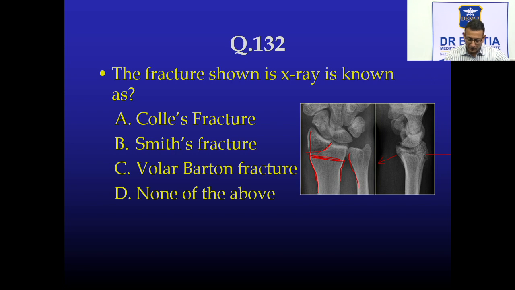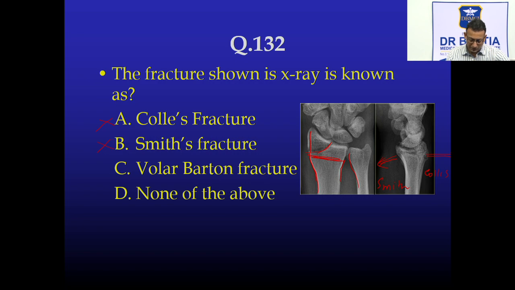Depending on that, it could either displace on the volar side or on the dorsal side. If it displaces on the dorsal side, it is called Colles' fracture. If it displaces on the volar side, it is called Smith's fracture. We can't see any movement on the dorsal or volar aspect on the lateral X-ray, so answers A and B are out.